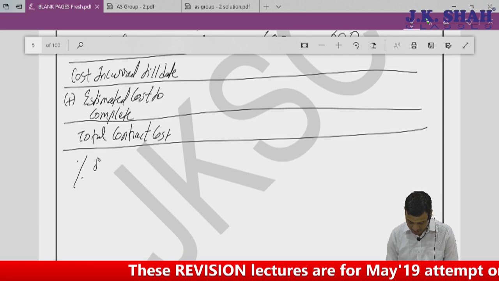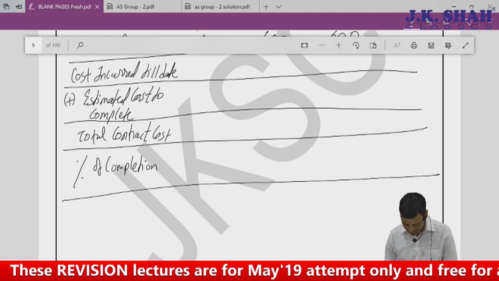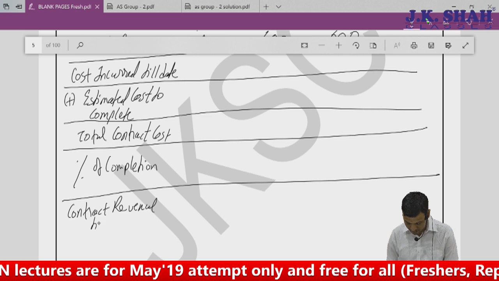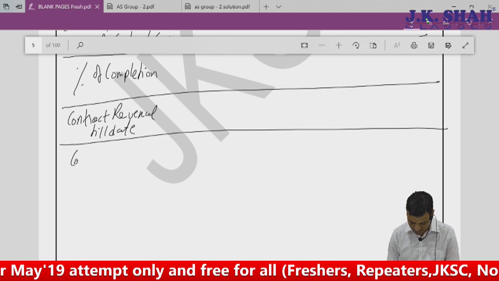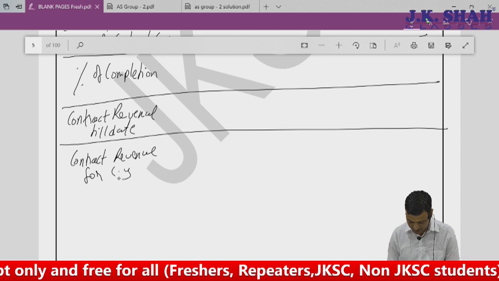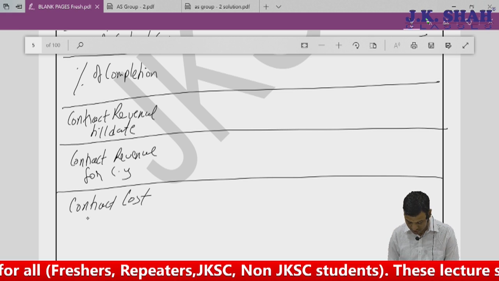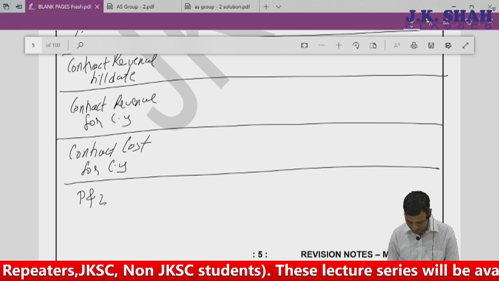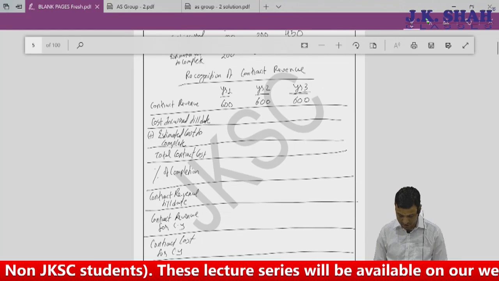Then my next working will be percentage of completion, how much work is complete. Then contract revenue till date, contract revenue for current year, contract cost for current year, and profit and loss. We will just see this in a single page.